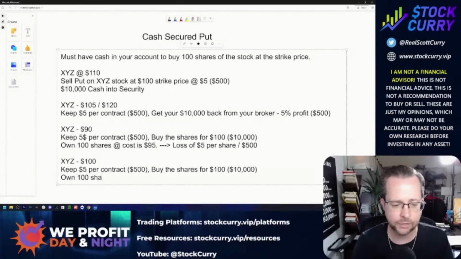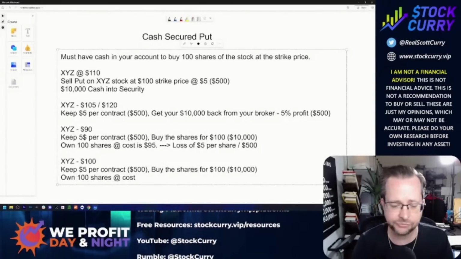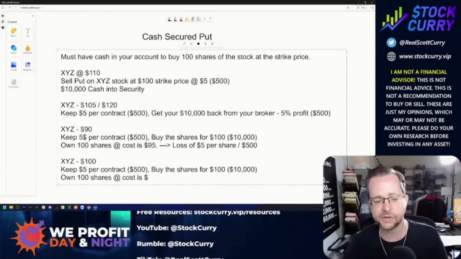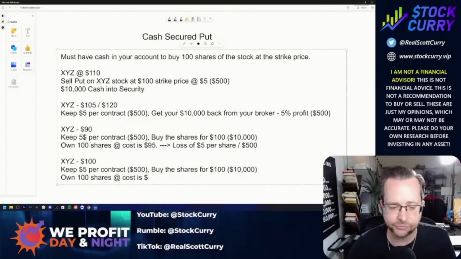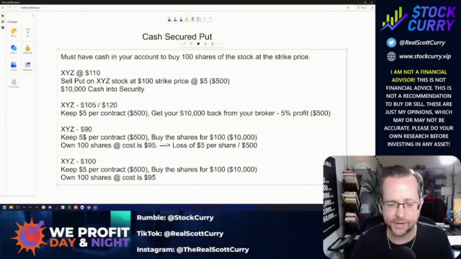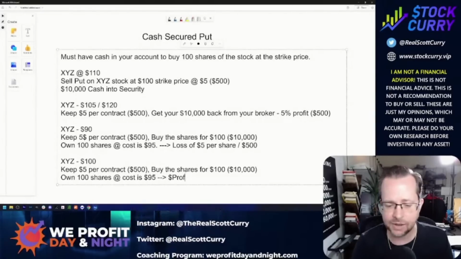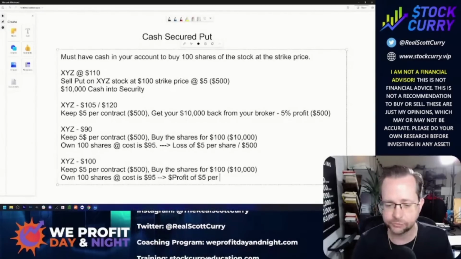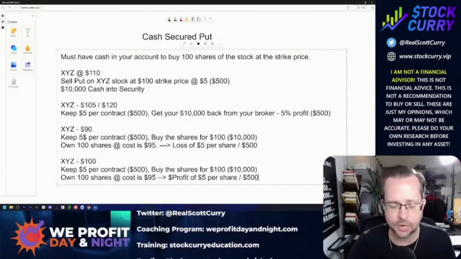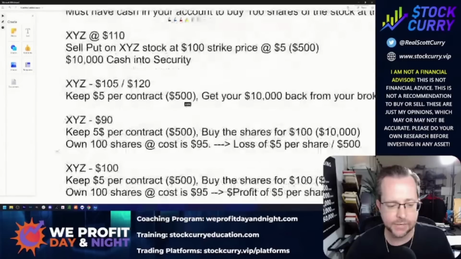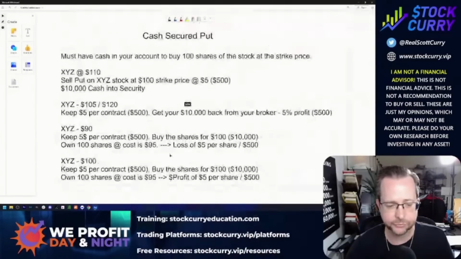You're now going to own 100 shares. What is your cost on these 100 shares going to be? Well, you paid 10,000 for them, but it's still going to be 95, right? So what are you sitting at? You're sitting at a profit of $5 per share, or $500. Why? Because the shares are worth $100.